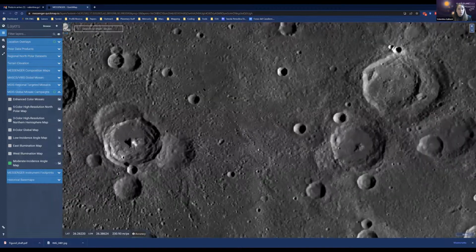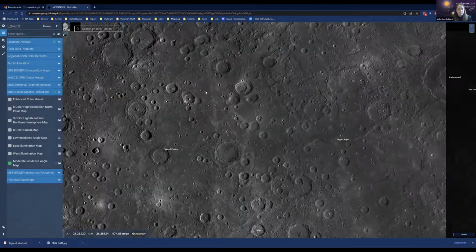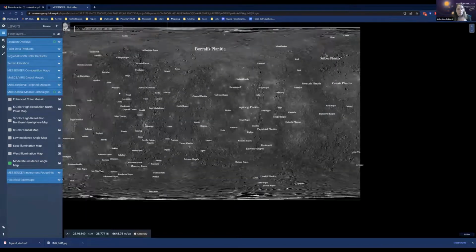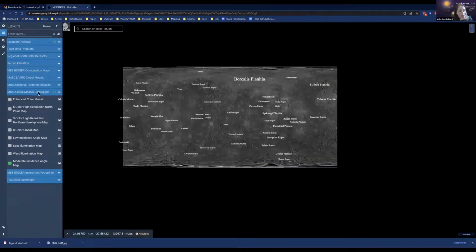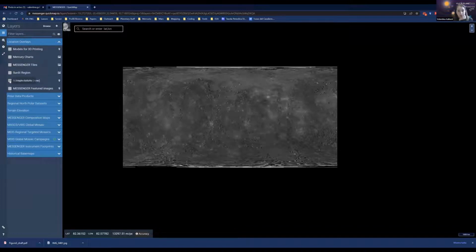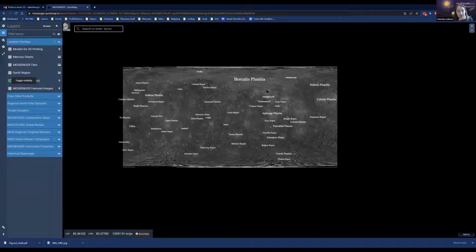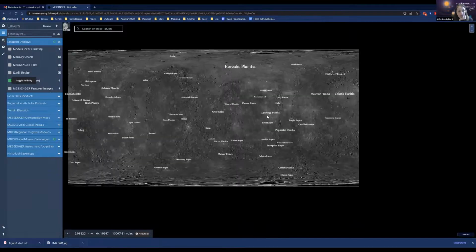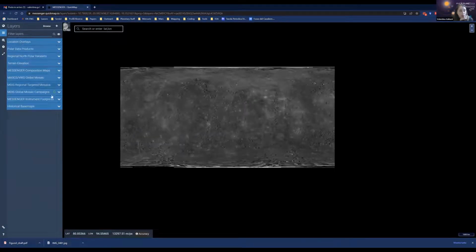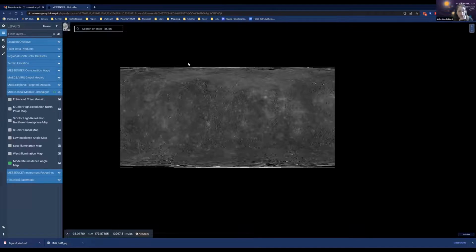So this is the Quick Map, and in the Quick Map you can turn on location overlays to see the main nomenclature of the planet. But what we care about now are the global mosaics covering the planet.